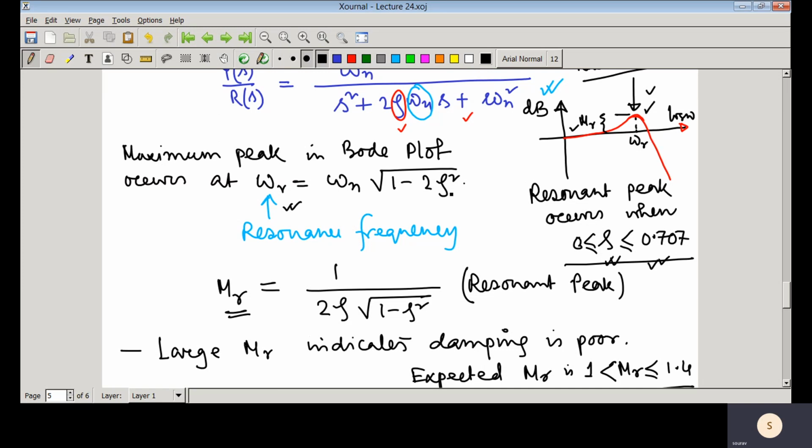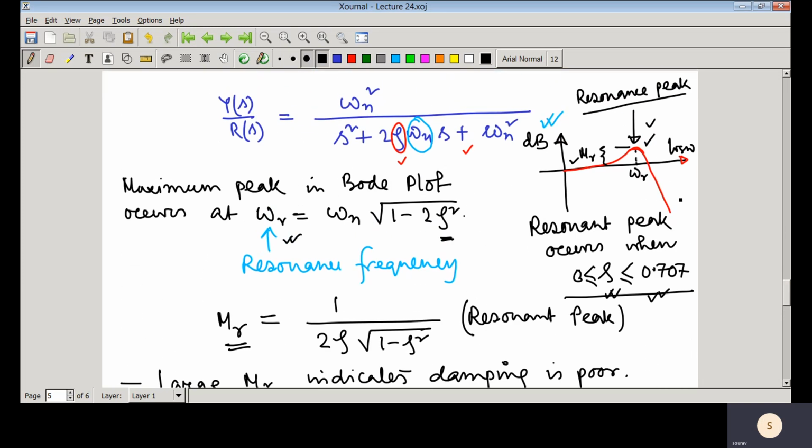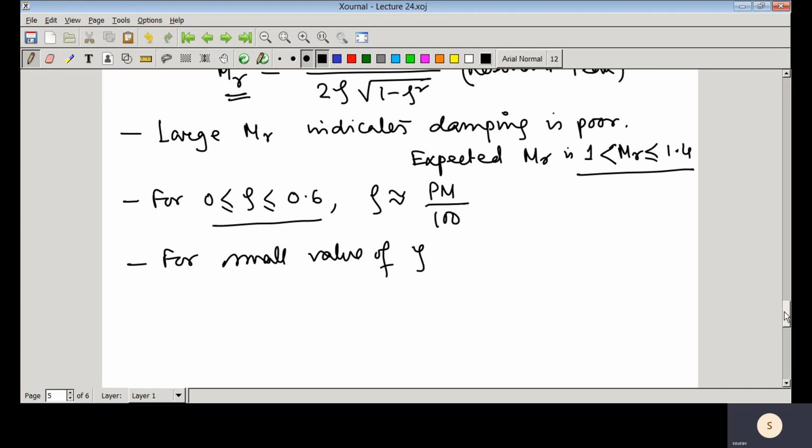The damping frequency that you have seen in time domain analysis is omega d equal to omega n into square root of 1 minus zeta square. So whenever this zeta is very small, that resonance frequency and that damping frequency are almost the same. So for small values of zeta, omega d and omega r are almost the same.